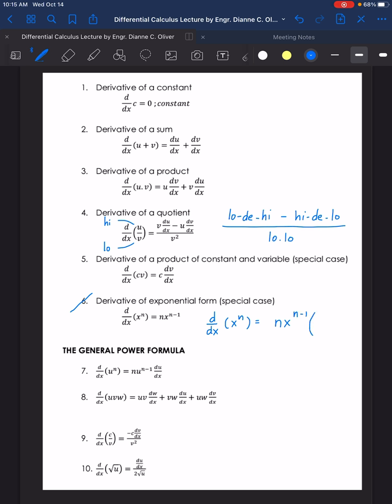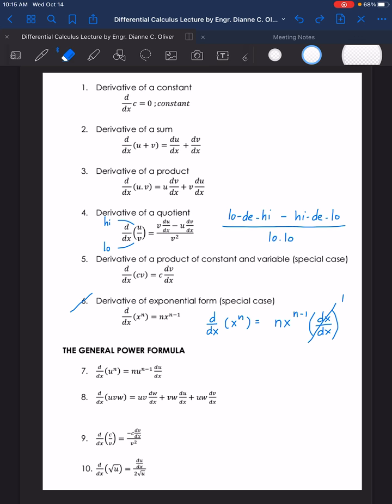The derivative of the base, dx over dx. So, what happens with dx over dx? That becomes 1. That's the reason why in this formula, dx over dx wasn't mentioned, because it's automatically 1. That is a special case.